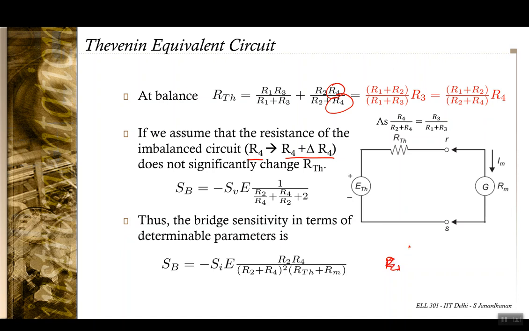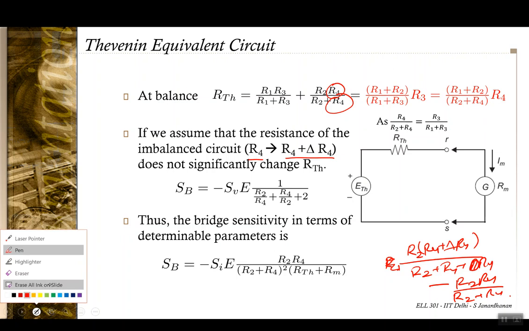Probably the change that you have is R2 R4 plus delta R4 by R2 plus R4 plus delta R4, minus R2 R4 by R2 plus R4. Let me work it out in a different sheet.